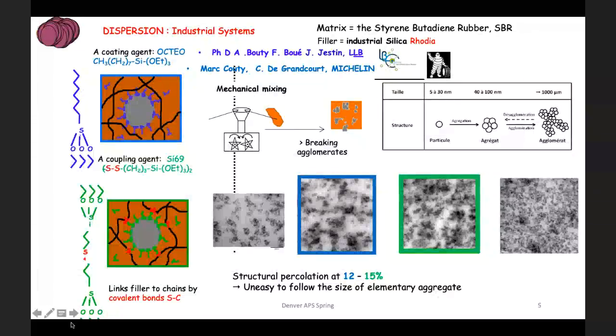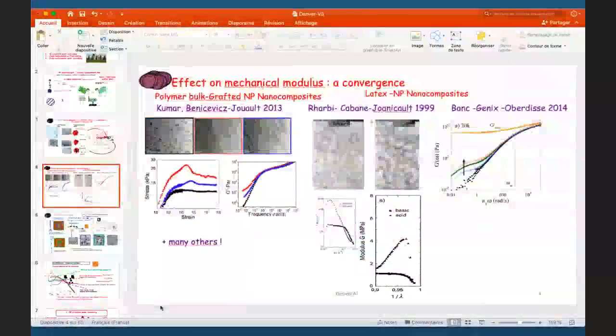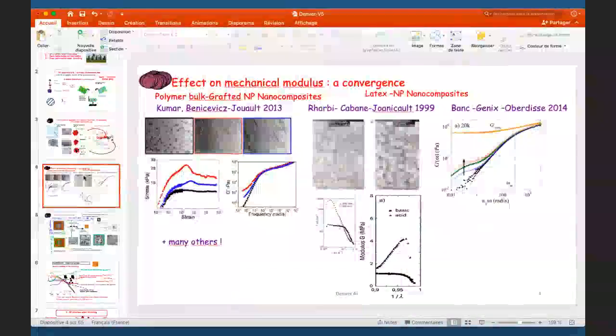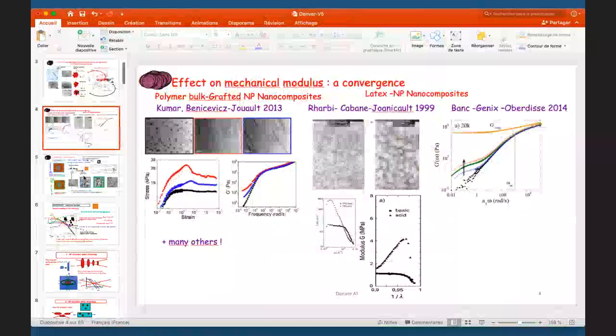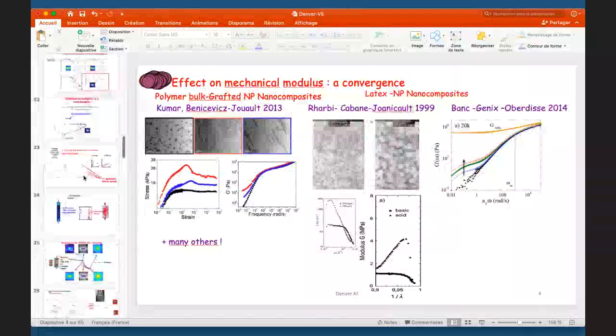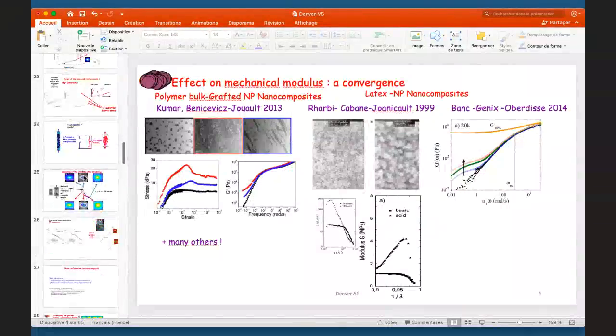Okay, so let me have a look at another transparency, which is for some dispersion of nanoparticles with, say, let me find it. Okay, I will show you just now. Yeah, this one.